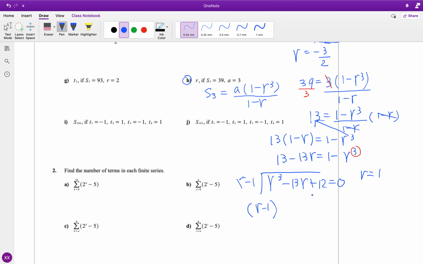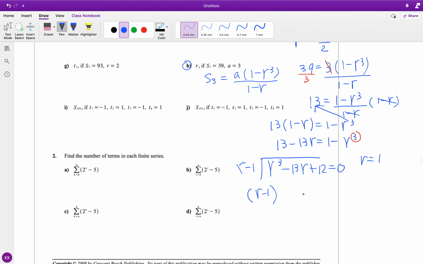After either synthetic division or long division, it doesn't matter which, you have r squared plus r subtract 12 equals 0. Then (r plus 4)(r minus 3) equals 0, and there's also the r minus 1 here.